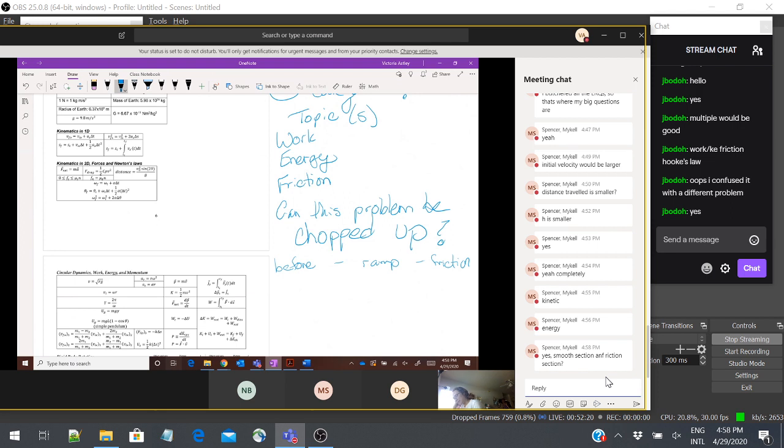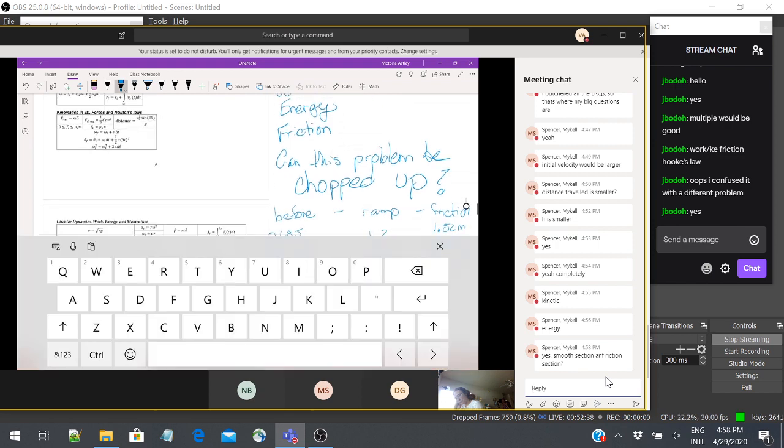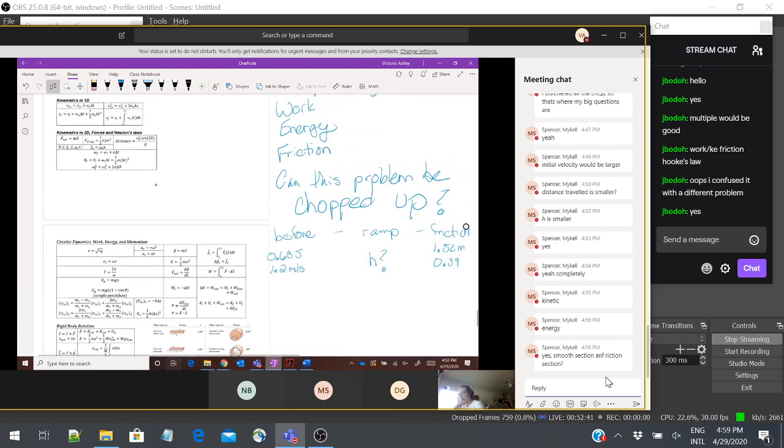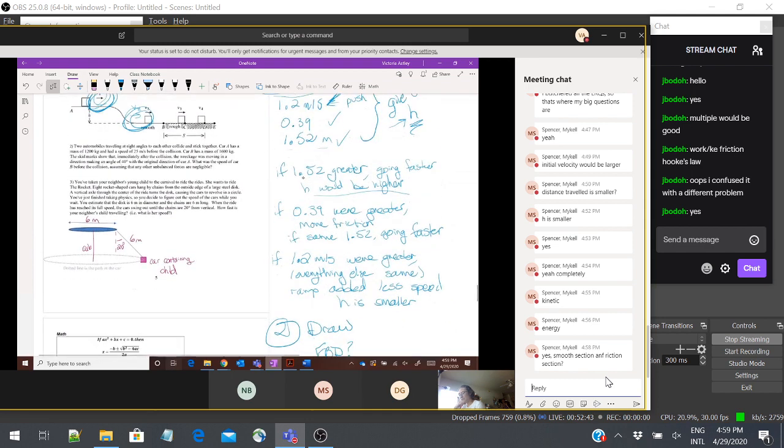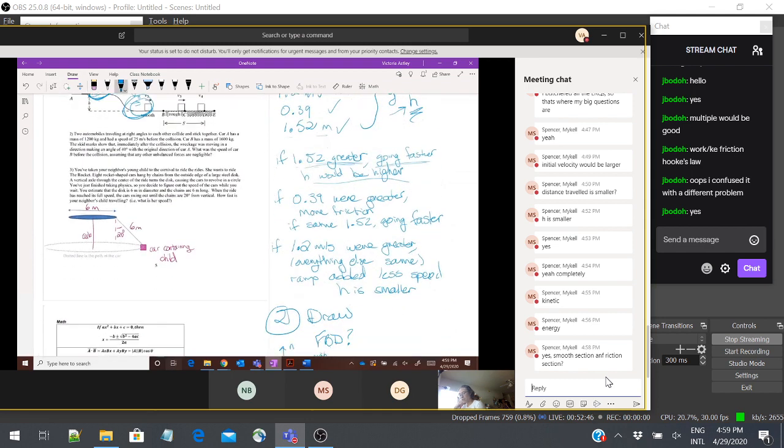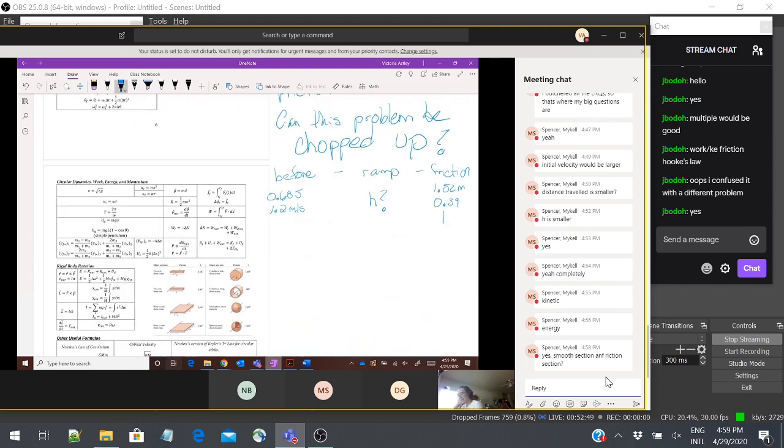So the before piece is the 0.68 joules applied to make it go to 1.2 meters per second. The ramp is our unknown H. The friction part is our 1.52 meters and our 0.39. We already talked about, well, if the 1.52 was greater, that would mean it was going faster. So do we have a way to get the speed? And then we can use these two to get H.